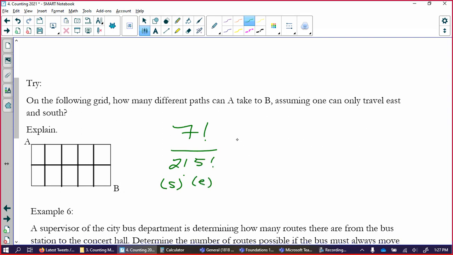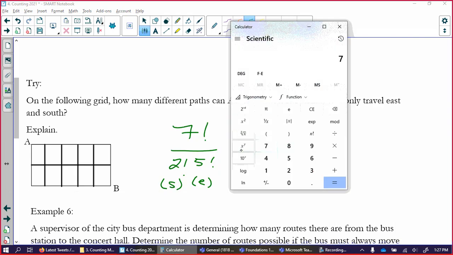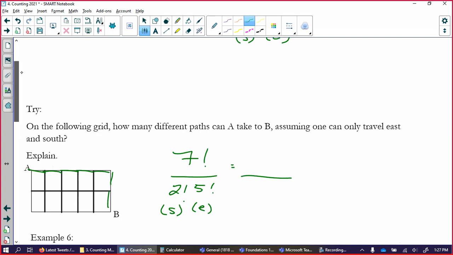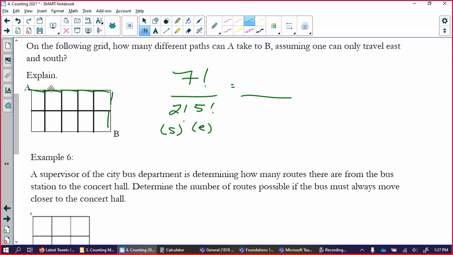For the easts, I counted: there's 5 this way and 2 that way. So this trip has 7 blocks that you have to traverse.